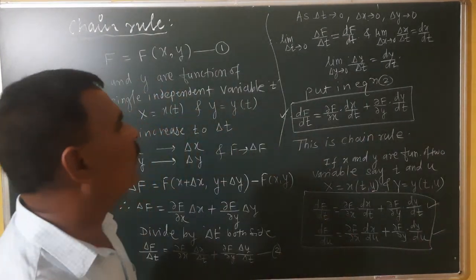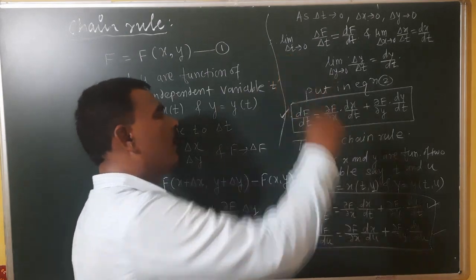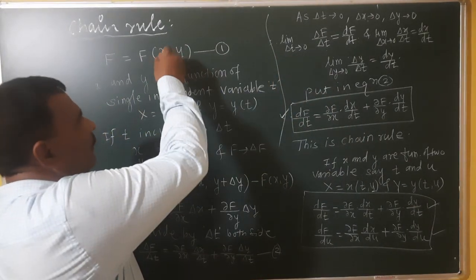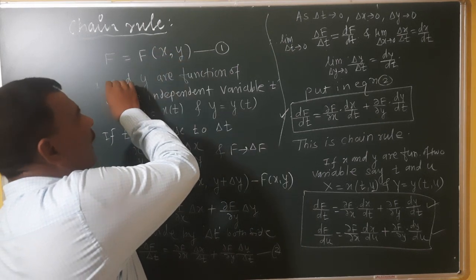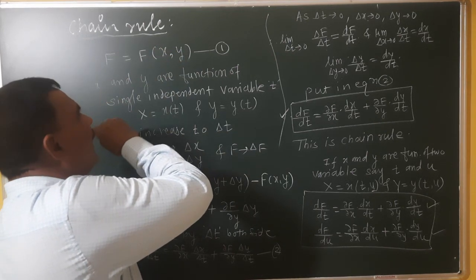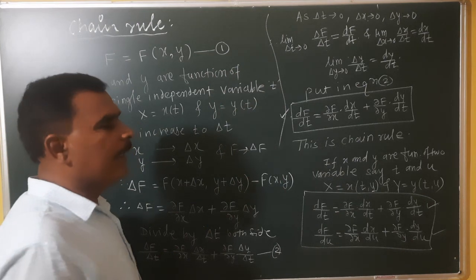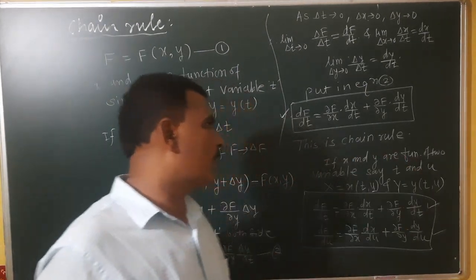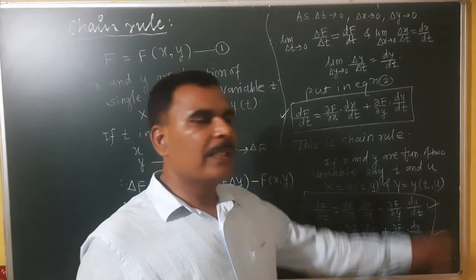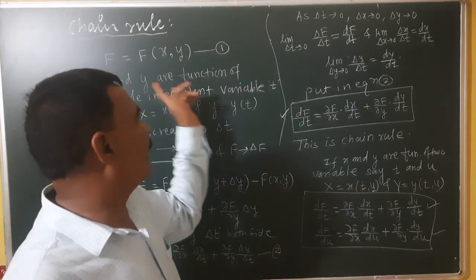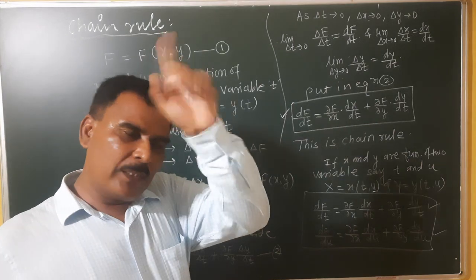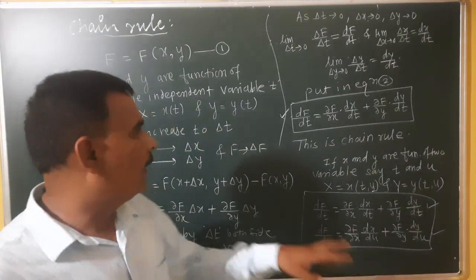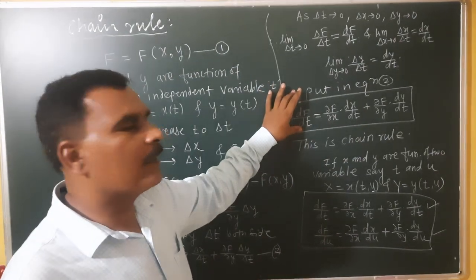I hope you understand the chain rule for a single variable. We considered the chain rule for two functions x and y that depend on the independent variable t, and then the chain rule when x and y are functions of two variables t and u. For a single variable, this is the equation.